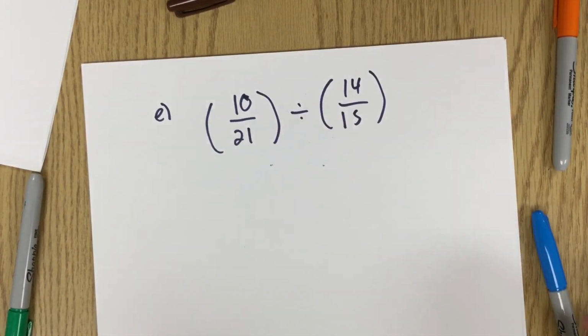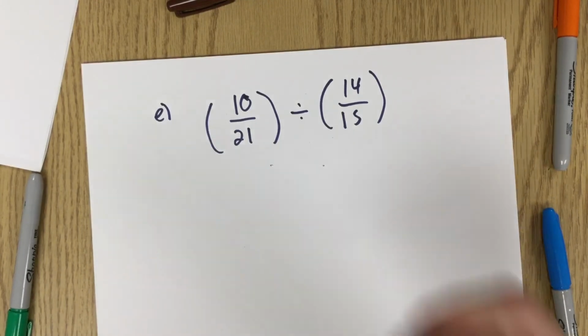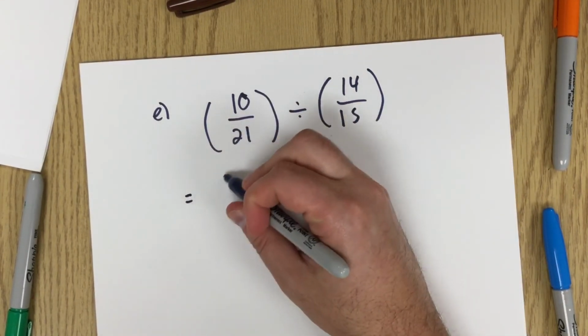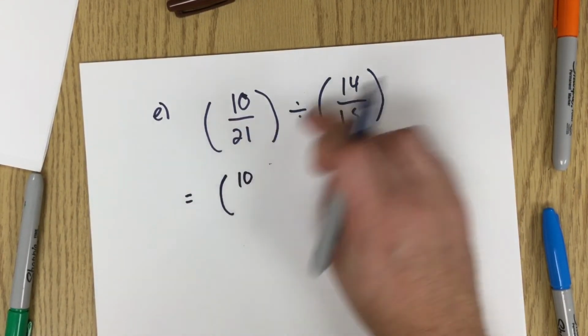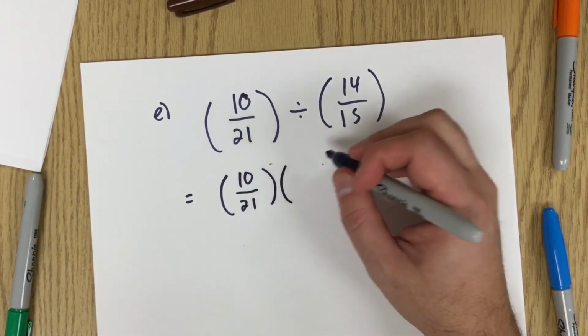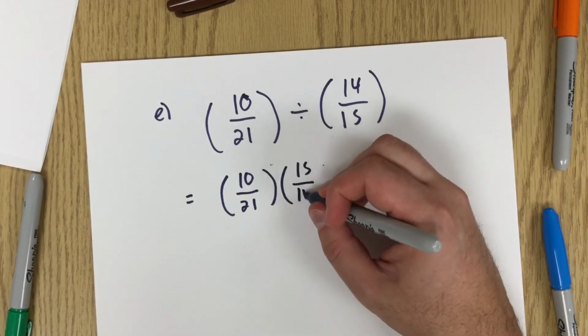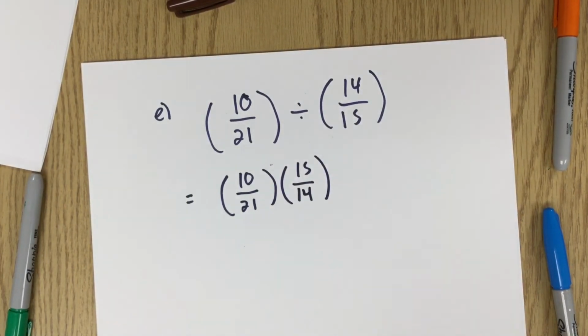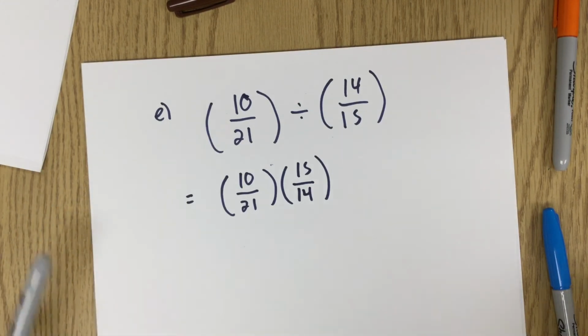The canceling only works with multiplying. So the very first thing you have to do is turn it into a multiply. Same thing, this 21 to 14 looks like they cancel, but no dice. So we end up with this. And stuff still does cancel, just not quite as pretty.